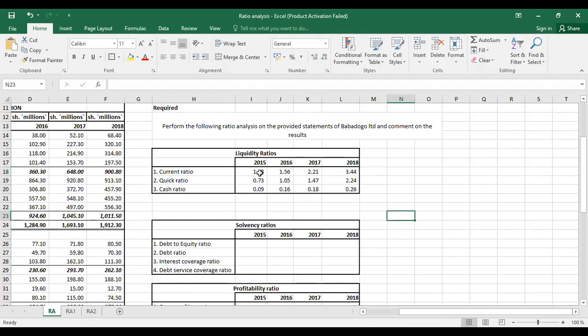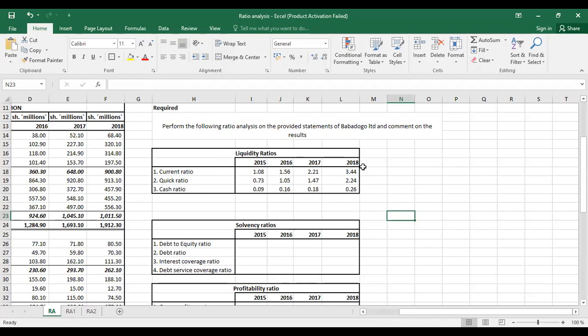And just from the comment, we will see that our current ratio is increasing. It started at 1.8, it went to 1.6, 1.5, 2 to 3, and the same for the cash ratio. Remember we said liquidity ratios measure the ability to pay short-term liabilities.